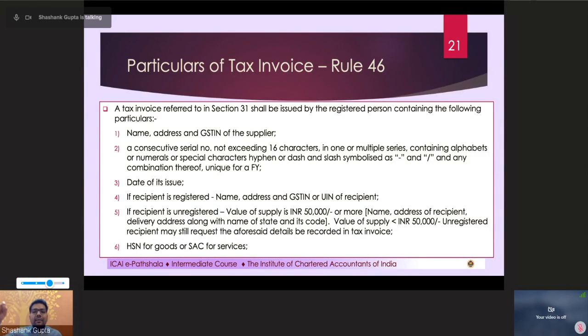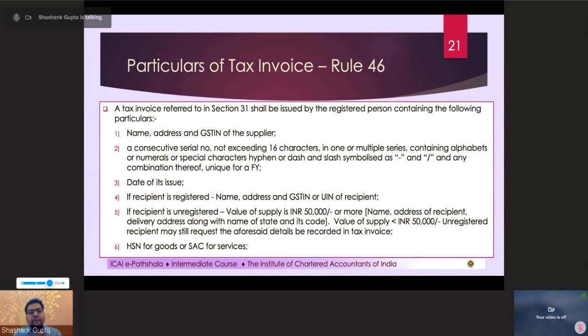Then I may use initials of my firm, SKG, referring my firm, then slash, then invoice number 001, then next 002, 003, 004. So the government wants you to move in a sequential manner. Why?